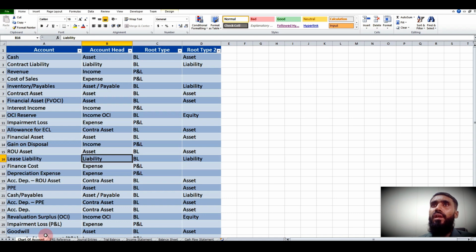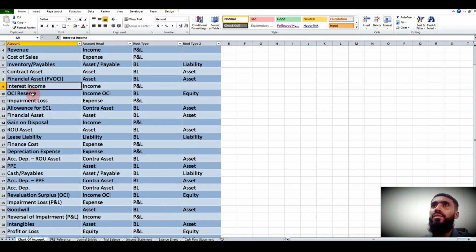First, I have created a chart of accounts, with the most needed expenses and related items. First, I added in the chart of accounts: cash, contract liabilities, revenue, cost of sales, inventory, payables, contract assets, financial assets, interest income, OCI reserves, impairment loss, allowance for ECL, financial assets, gain on disposal, ROU assets, lease liability, finance cost, depreciation expense, accumulated depreciation, ROU assets, property, plant, equipment, cash/payables. If I purchased on credit terms, then I have created a payable account here, but I didn't mention any specific person's name.